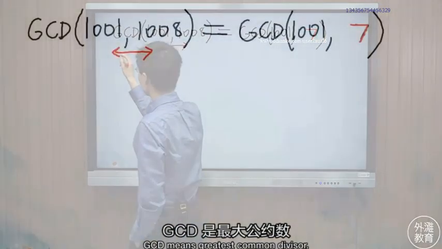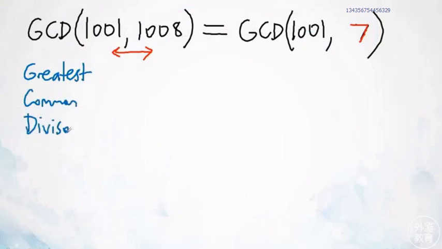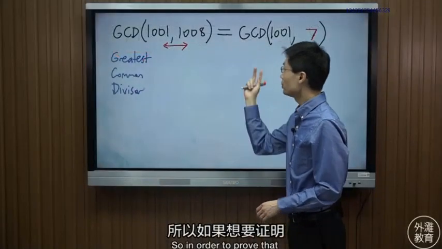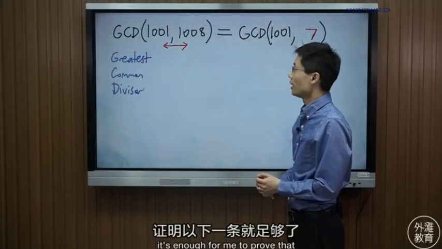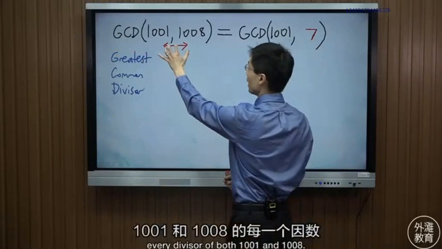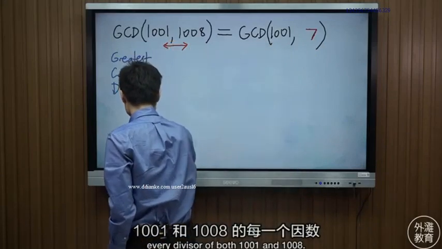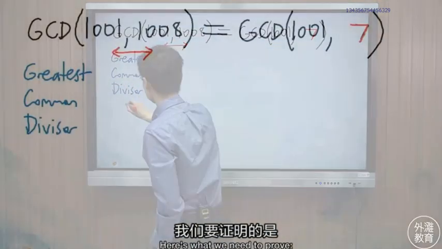GCD means greatest common divisor. So in order to prove that these two are equal, it's enough for me to prove that every divisor of both 1001 and 1008, here's what I need to prove.